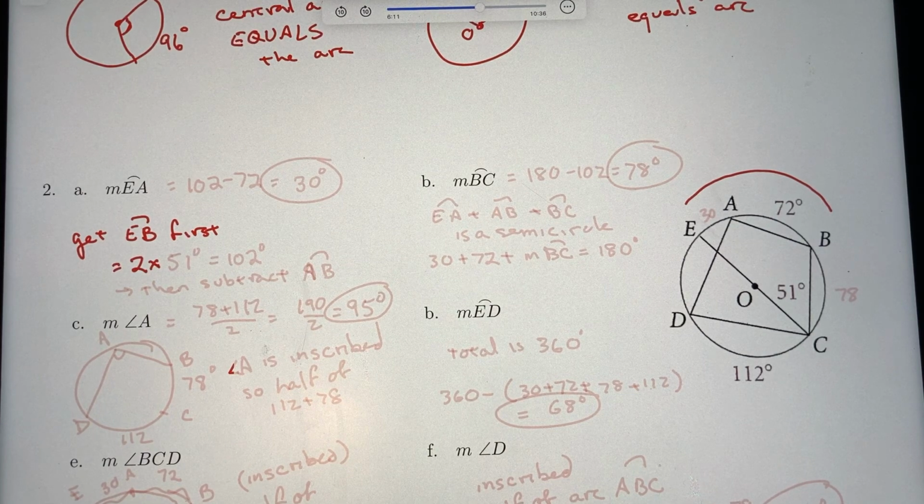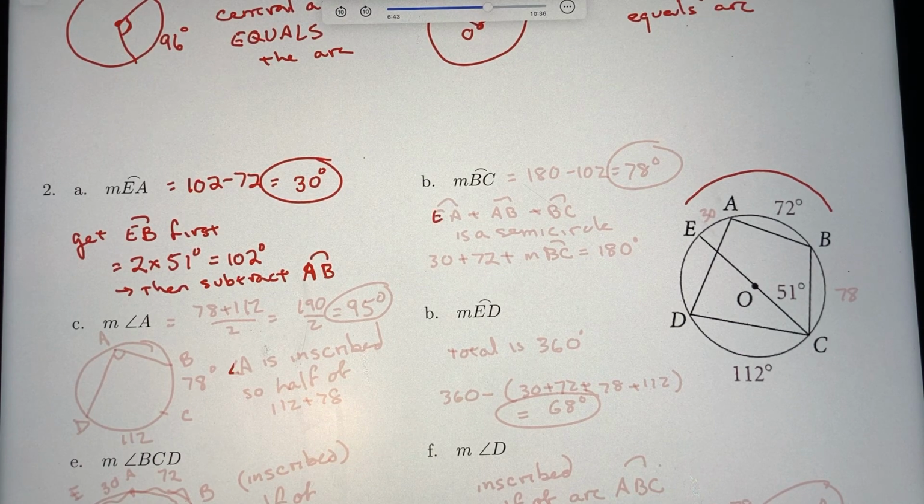It's twice the inscribed angle, so it's twice 51 degrees. Of course, that includes AB also. So, okay, BC.